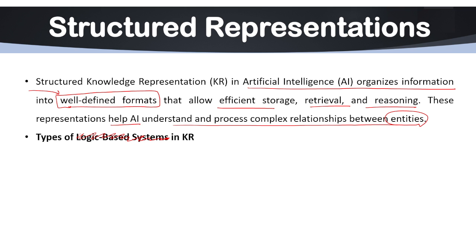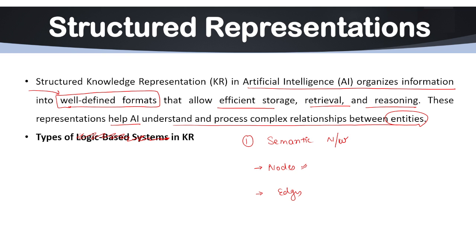Now let's talk about its examples, its types. The first type of structured representation is semantic networks. It is basically a graph-based representation where we have two important terms, nodes and edges.